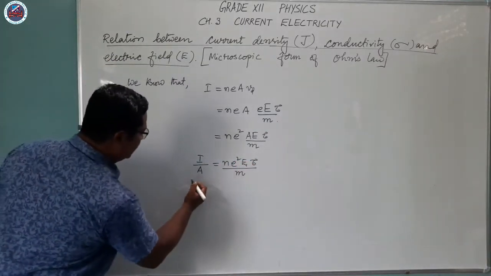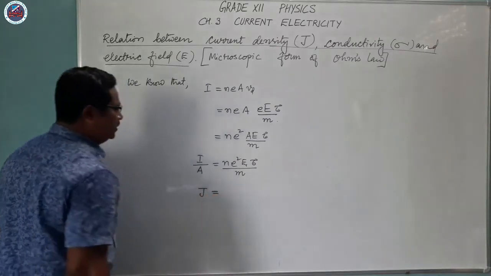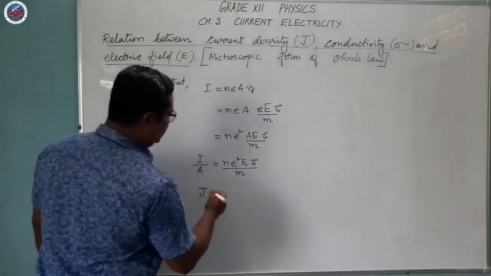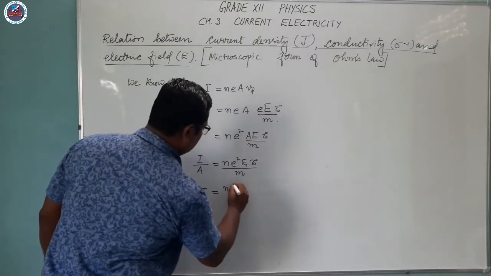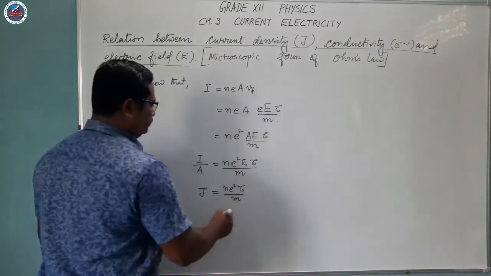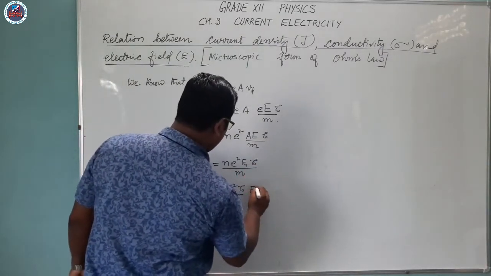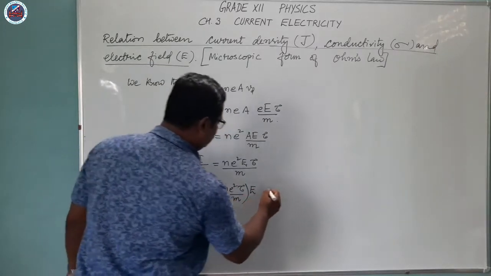Now this I by A we call current density according to the definition of current density. Here n e square tau divided by m into E, like this you can write down.